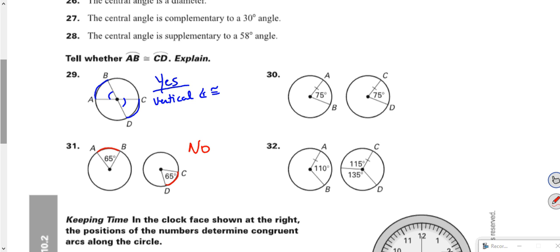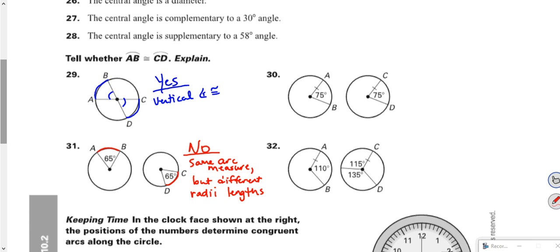The reason being they have the same arc measure, but different radii lengths. Now, believe it or not, the plural of radius is radii, R-A-D-I-I.